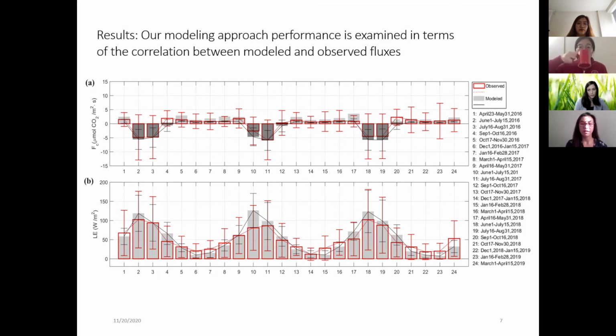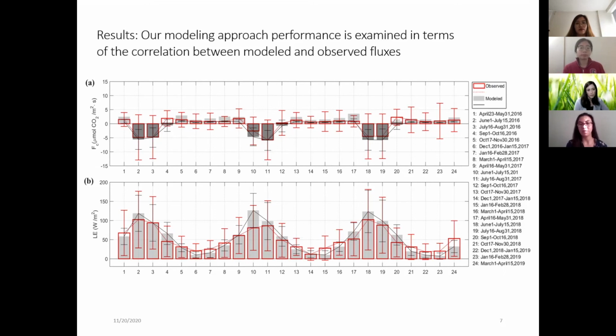So we didn't expect our modeling exercise to match the observations. That was not the purpose of this analysis, but we wanted to provide an effective way to account for the relative contribution due to the two crops. So given our assumptions, such as using a one-dimensional function to describe the flux footprint, that accounts for unusual thermal stability.